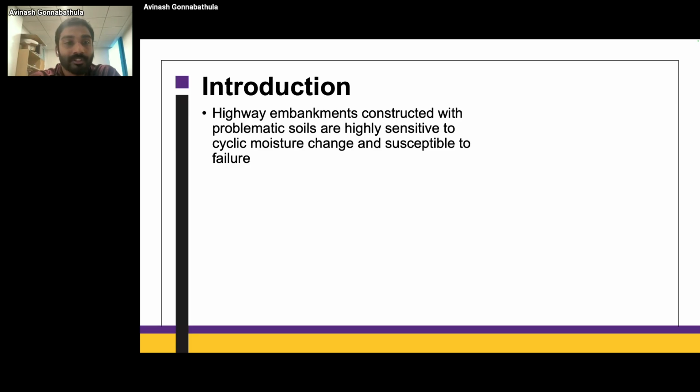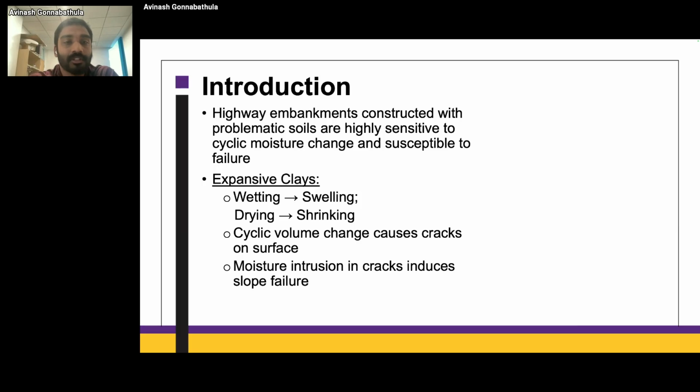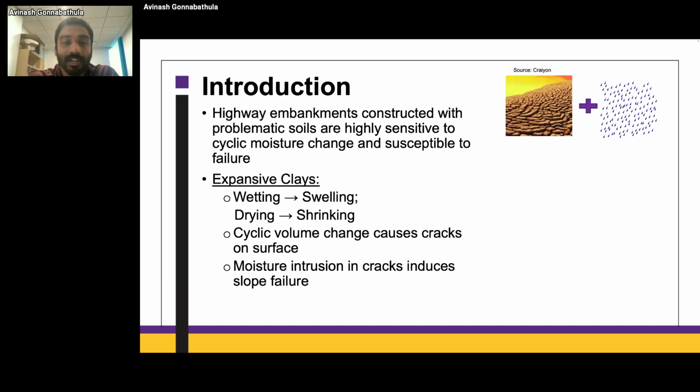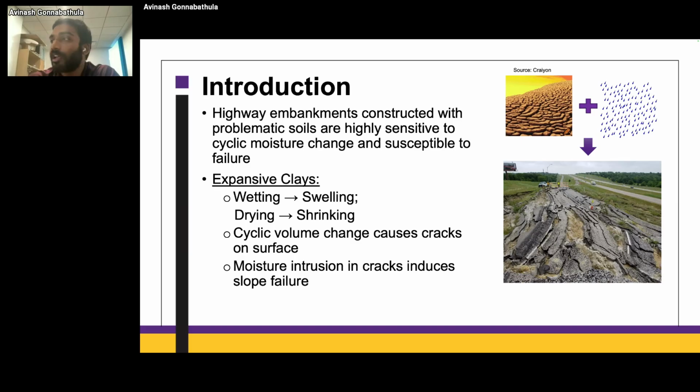With the time restriction for this presentation, today I'm going to talk about expansive soils, in which we can see the cyclic volume change of shrinking and swelling with the cyclic climate change of wetting and drying. These cyclic volume changes cause cracks in the surface of the slopes, and with these cracks, moisture intrusion into the slopes adds to the slope failure.